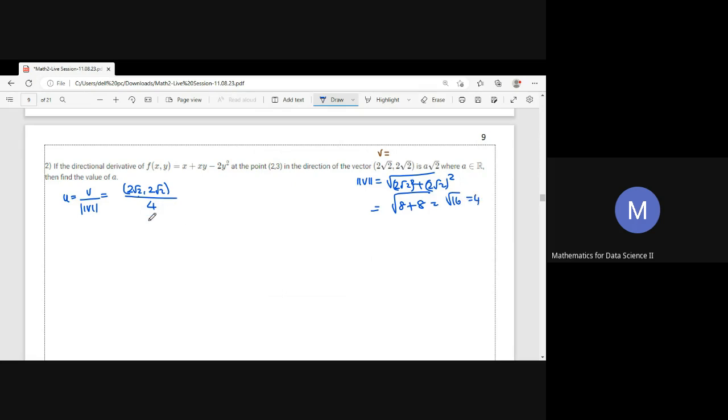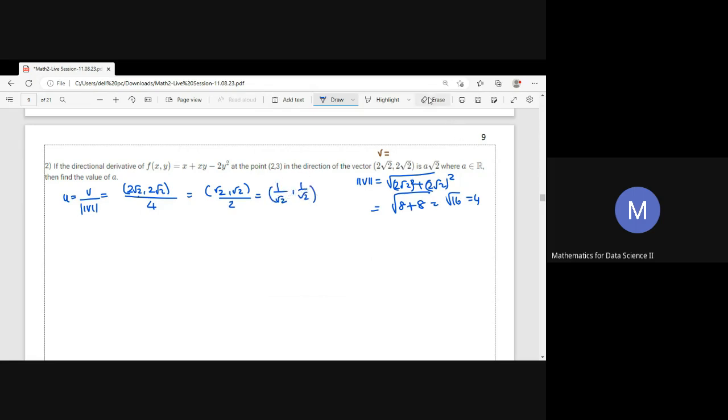So this is the vector you have got. When you simplify this, you can rewrite it as root 2 comma root 2 by 2, or simply 1 by root 2 comma 1 by root 2.